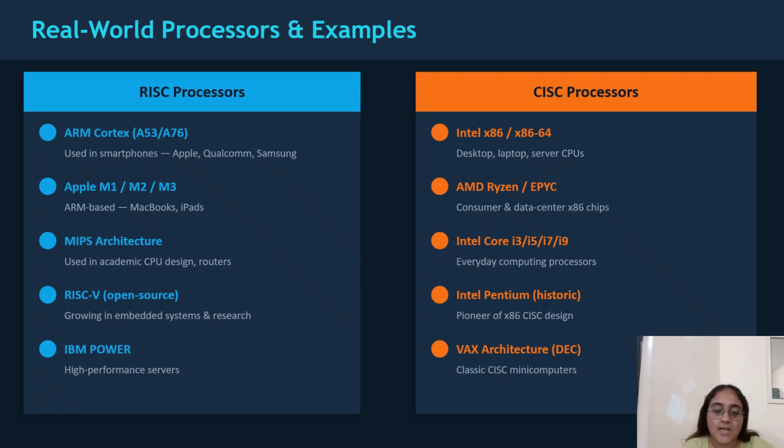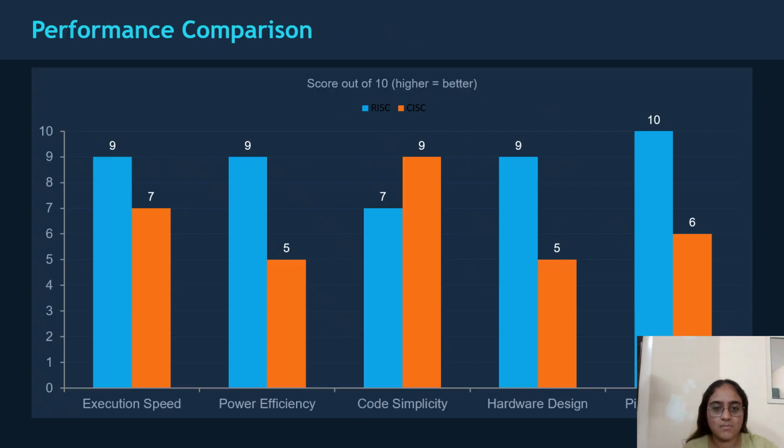AMD Ryzen and EPYC are also x86 based CISC chips for consumers and data centers. The Intel Core i3, i5, i7, i9 family, the processors in most Windows laptops, are all CISC. So essentially, your phone runs RISC while your laptop runs on the CISC architecture.